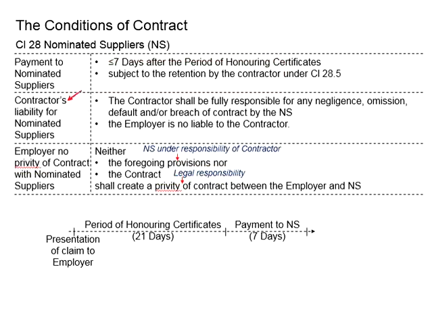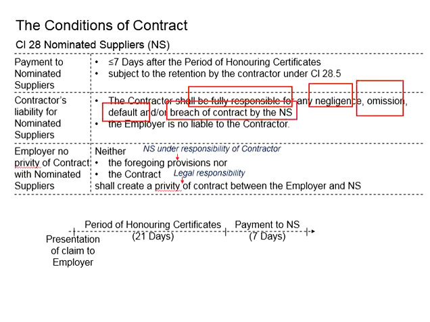Next, the contractor's liability for nominated suppliers. The contractor should be fully responsible for any negligence, omissions, default, and/or breach of contract by the nominated supplier. This is due to the relationship between the contractor and the nominated supplier.